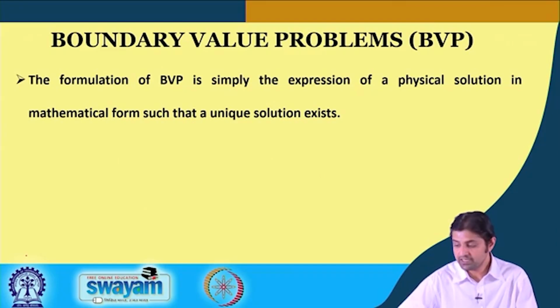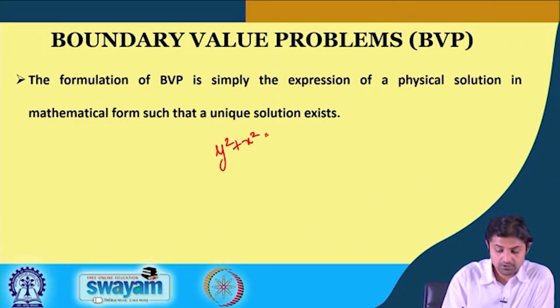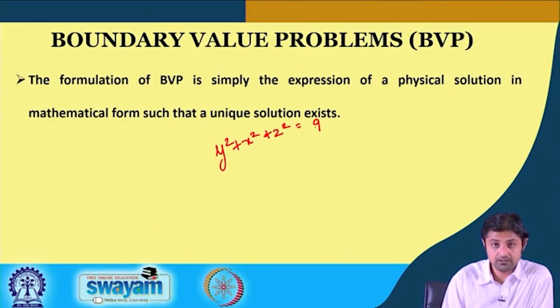For example, let's say there is x square plus y square plus z square is equal to, let's say, 9. All right. So very simple to assume, one of the solutions could be x is equal to 0, y is equal to 0 and z is equal to 3.